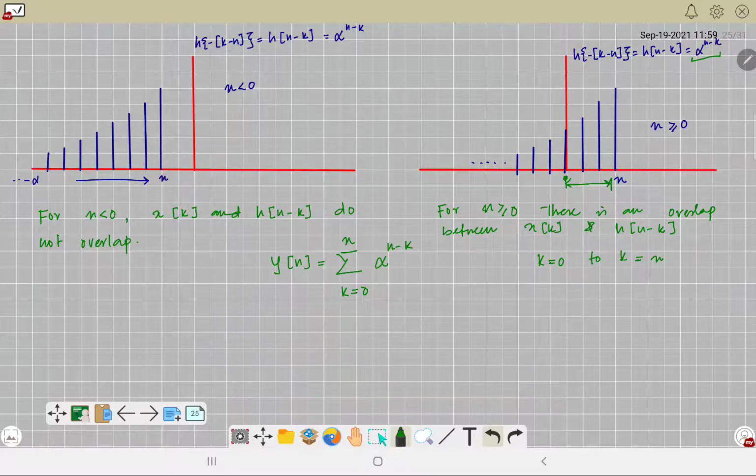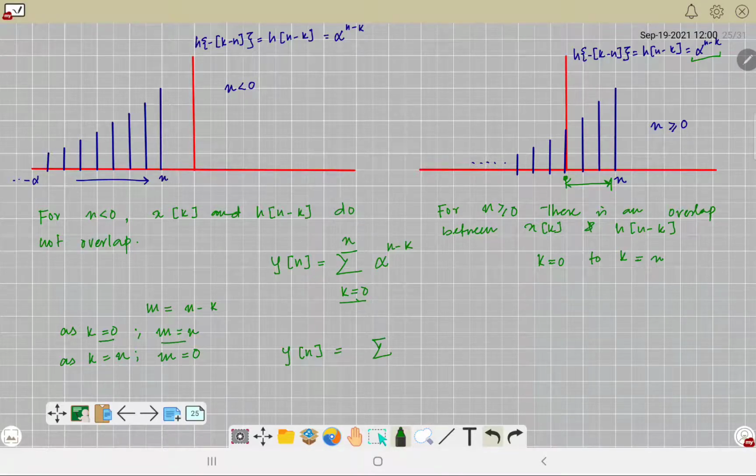I can convert it into a more standard form. So I'll do a simple substitution. Let me put m equal to n minus k. Then as k equals 0, your m will be n. And as k equals n, m will be equal to 0. So I can make this substitution, because I will be expressing it in terms of m.